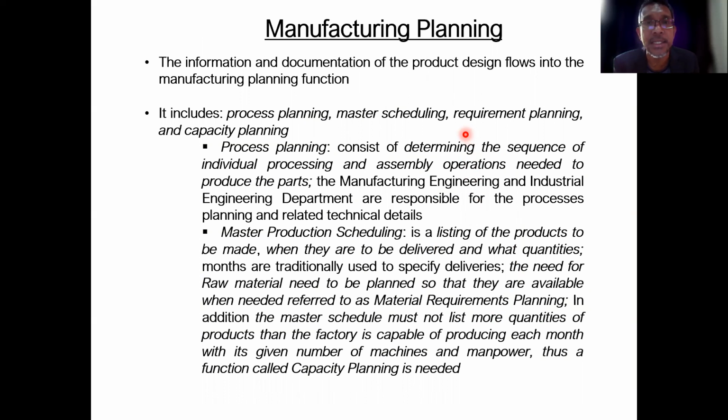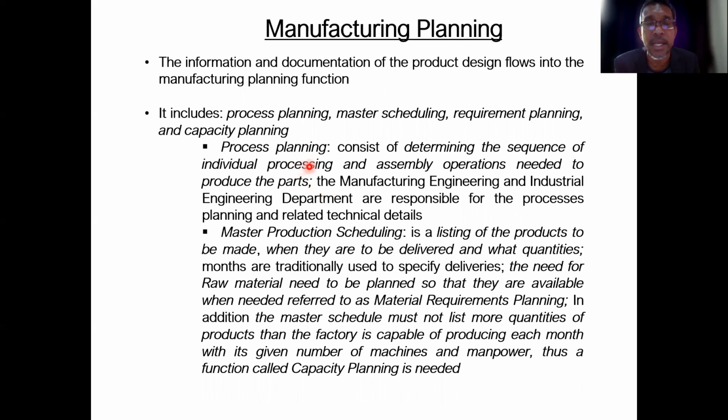So they design the process planning, the master production scheduling, to make sure the product can be manufactured based on the planning they have, or they can do the planning for the materials and the requirement for the product.